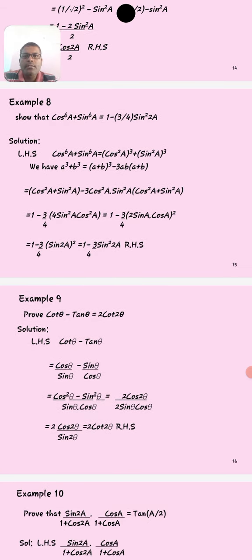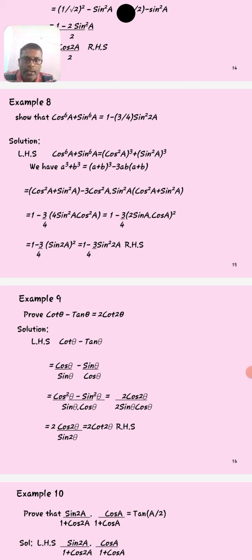Now we apply this formula: cos square a plus sin square a whole cube minus 3 cos square a into sin square a into cos square a plus sin square a. We know that cos square a plus sin square a is equal to 1, and 1 to the power of 3 is also 1. So we write 1 minus 3 cos square a sin square a.